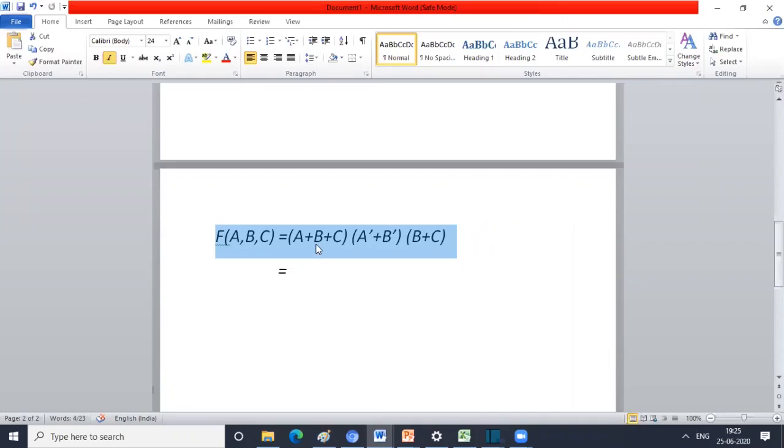Whether it is standard POS, no, it is not standard POS. Why? Because though this first term contains all literals, what about the next two terms? The next two terms have missing literals, right?